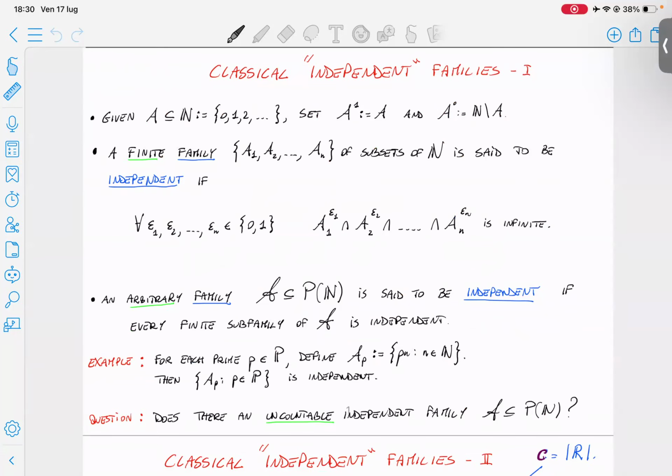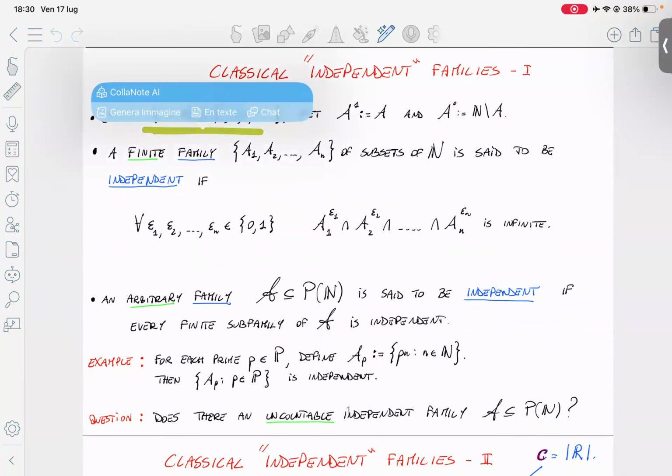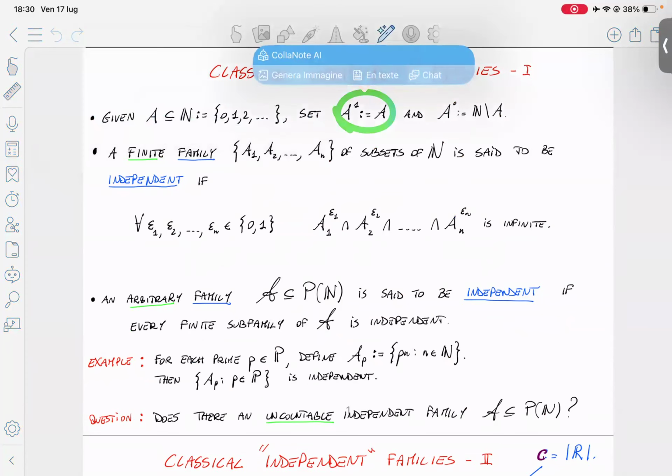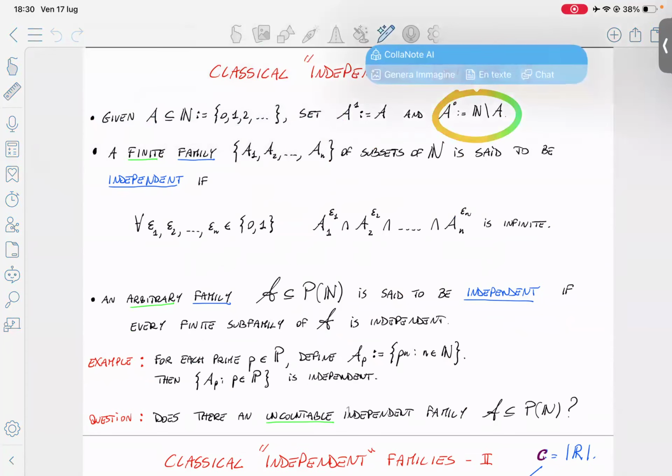First of all, I define a notation which is quite common. Given a set A, we define A to the power 1 to be A, and A to the power 0 to be the complement of A with respect to the natural numbers. And this is the classical definition.